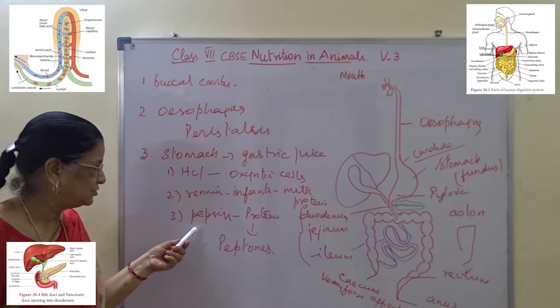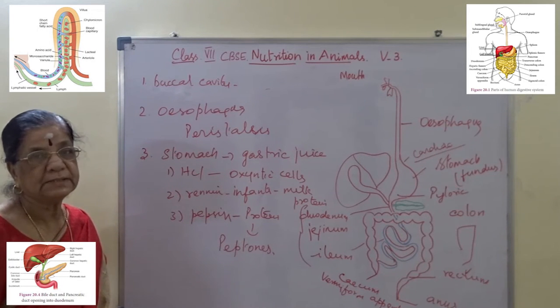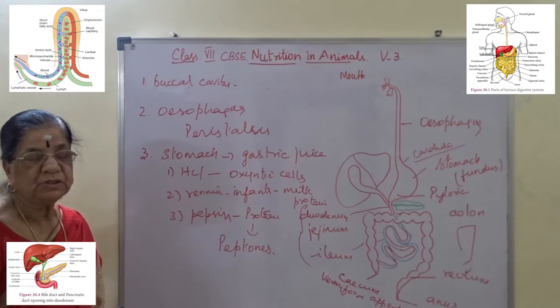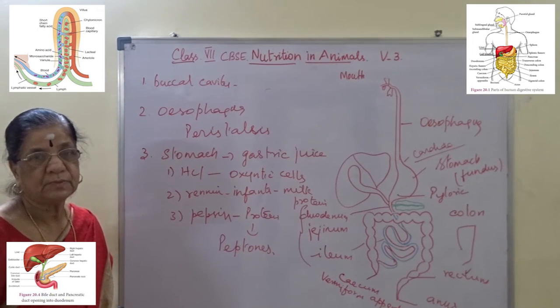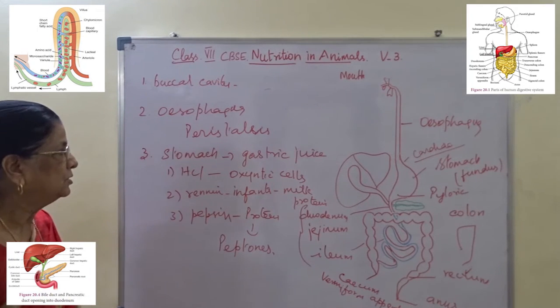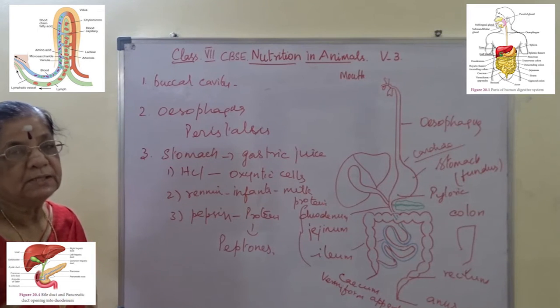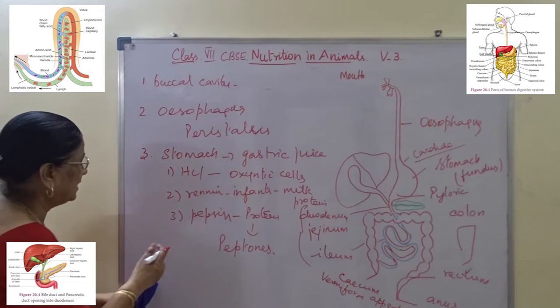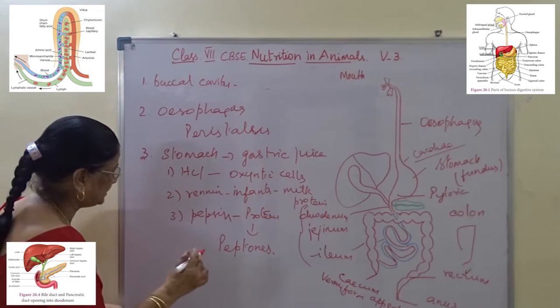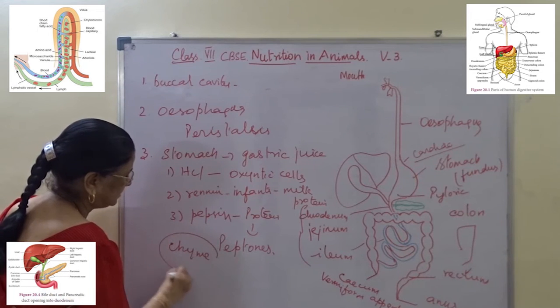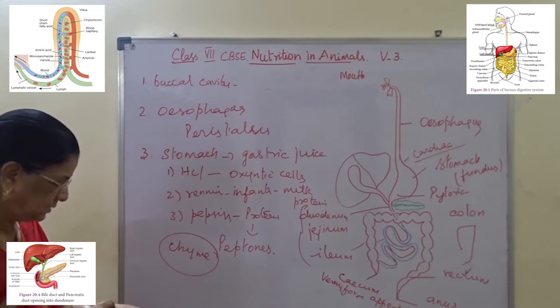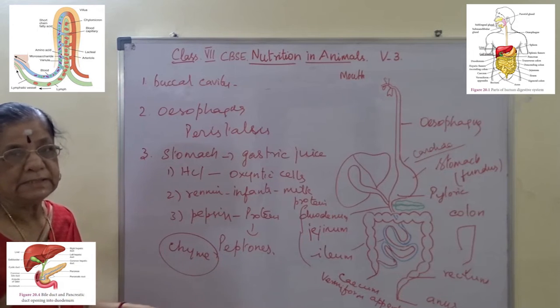And then pepsin acts upon protein to form peptones. I hope you understand. So this is the process of digestion in the stomach. At this stage, the food is called chyme. First it was bolus, and now the food is called chyme.